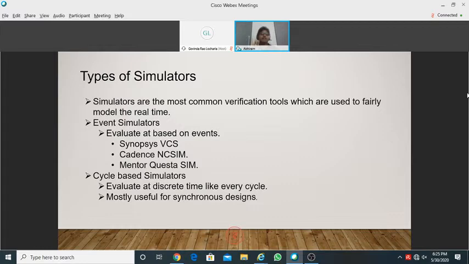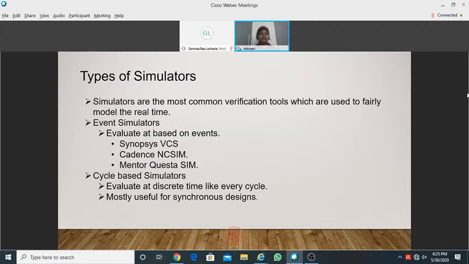From the industry point of view, if you take these companies, Synopsys has the VCS simulator, Cadence has NCSim, and Mentor Graphics has QuestaSim. So these are all the event simulators which are commonly used across the industry to verify the output, to verify the intent of the design.